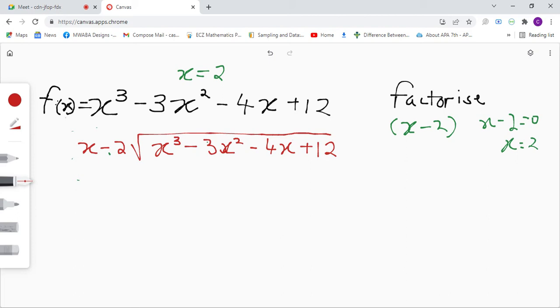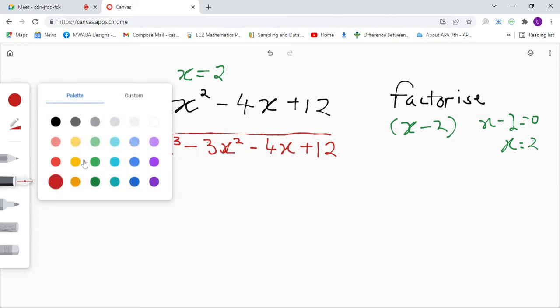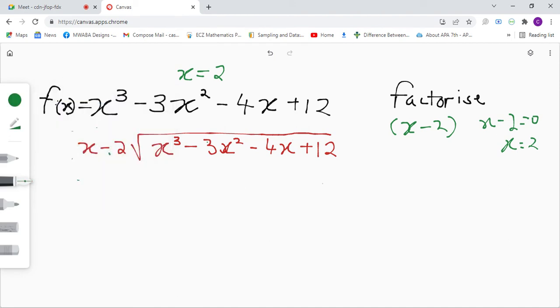Whenever we're doing long division, we should remember these 3 simple rules: you divide, then you multiply, and then you subtract.